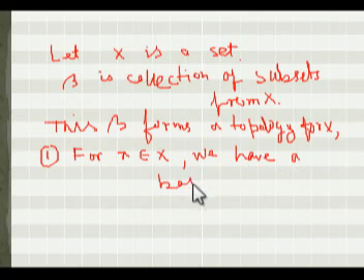Basis elements are the members in the collection beta.